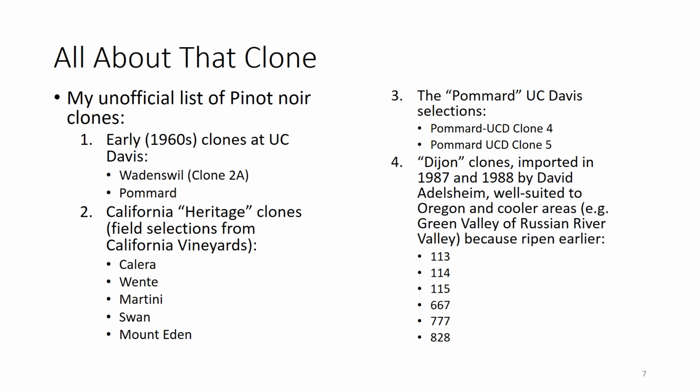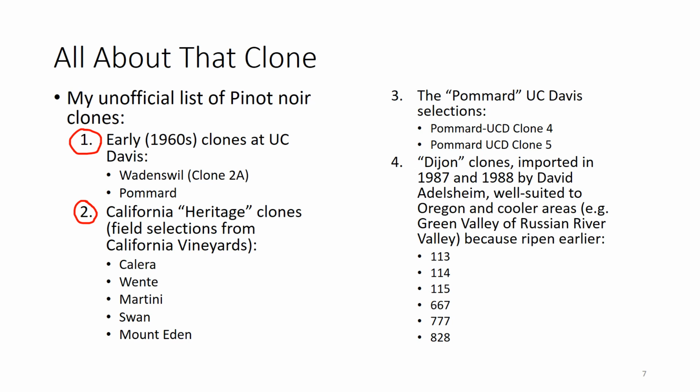There were some early clones from UC Davis, and you'll see those here, Wadenswil and Pommard being 2 of those. They're heritage clones. These come from wineries around the state. So Calera was an early Pinot Noir producer down in San Benito County, in the hills above the Monterey Bay.